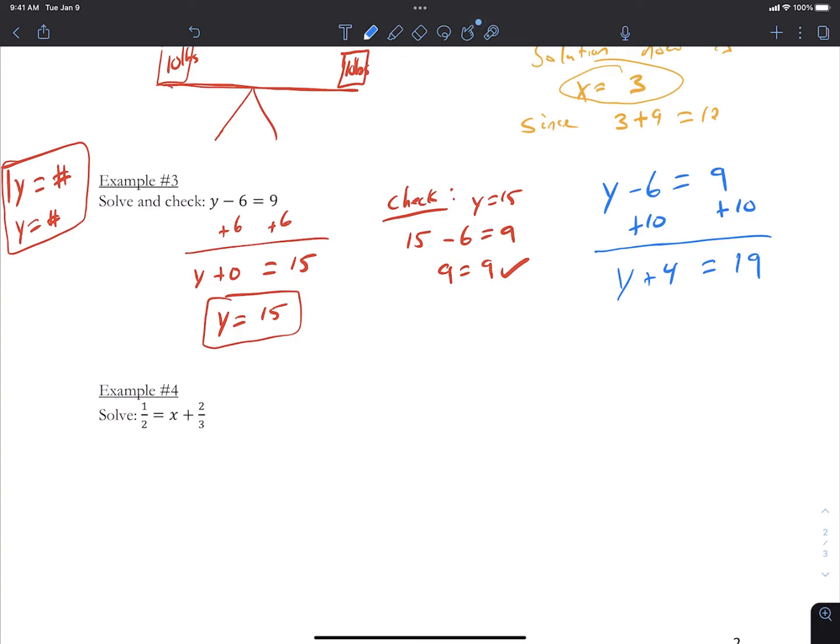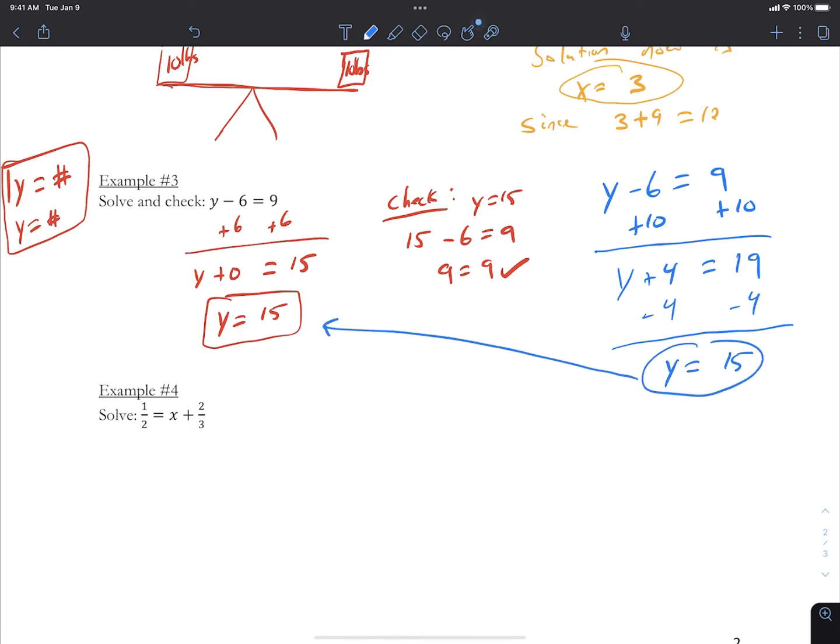You could keep adding different numbers, but the number that's going to help me out here is subtracting 4 from both sides, or adding negative 4 to both sides, because that's what's going to get me to have y by itself on one side of the equation. Then 19 minus 4 is 15. Notice I'm getting the same solution, and that's because I added the same thing to both sides. That's what preserves the same solution.